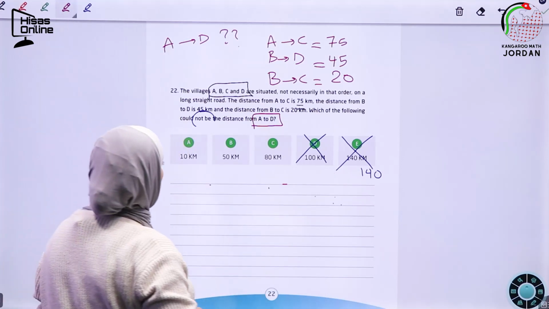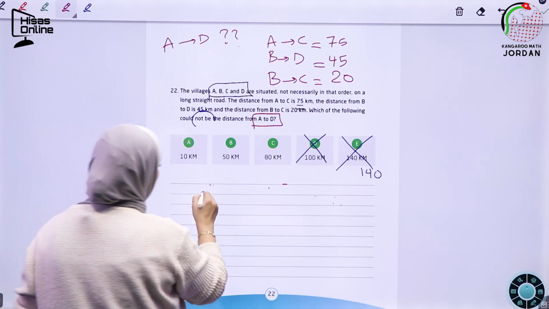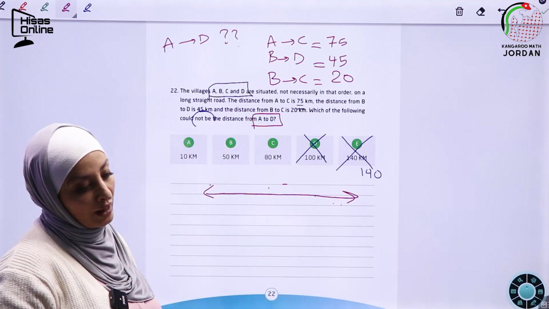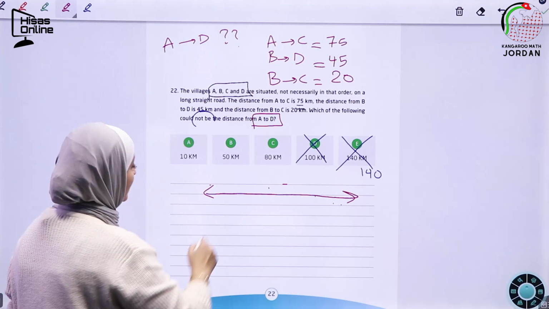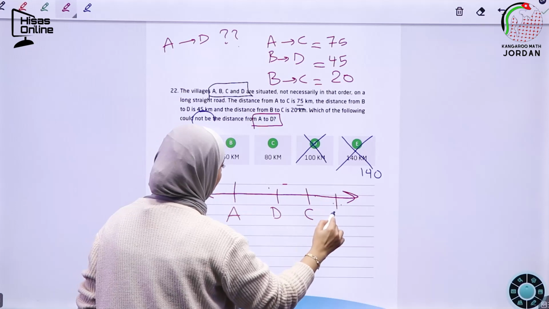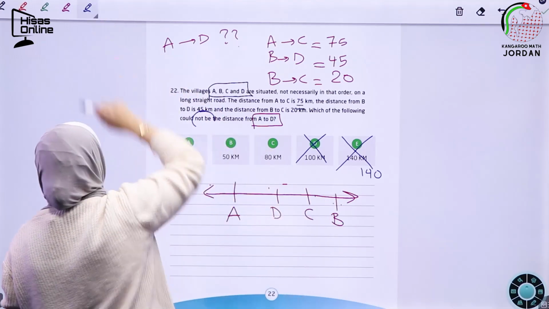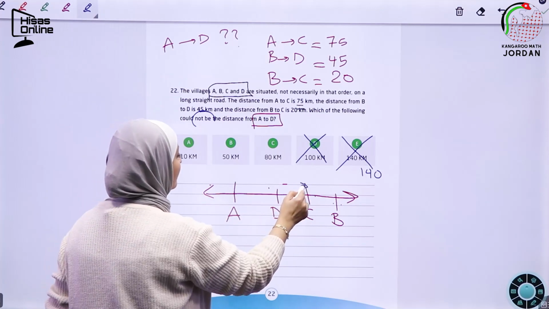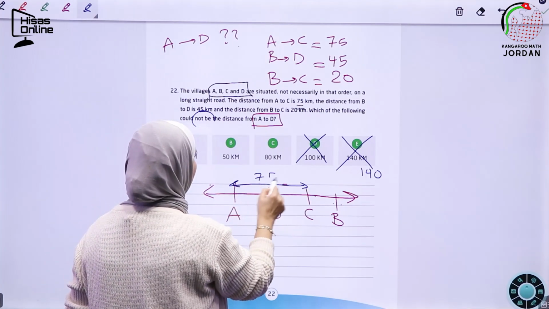Let's see what other options of location we can have. We can also have A, D, C, B. Let's fill it. AC is 75.